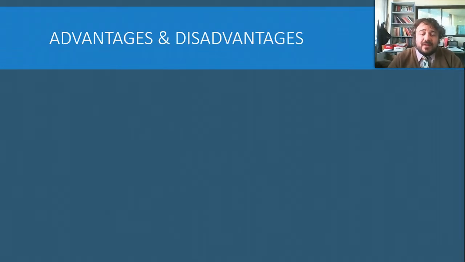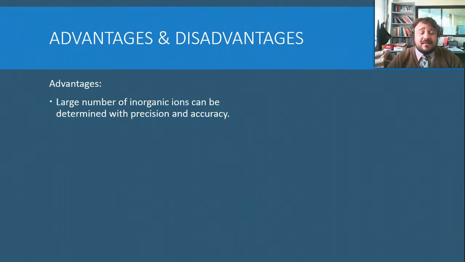Now, what are the advantages and disadvantages? First advantage is that it is useful for a large number of inorganic ions, and it can be super precise and super accurate. The only limitation here is really our equipment.